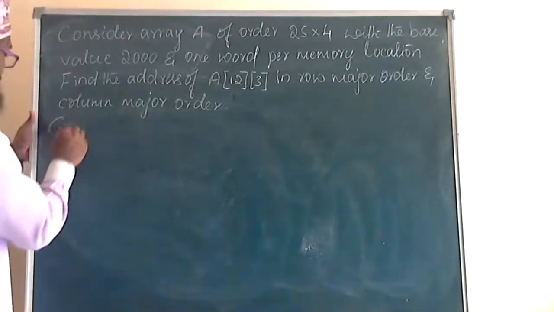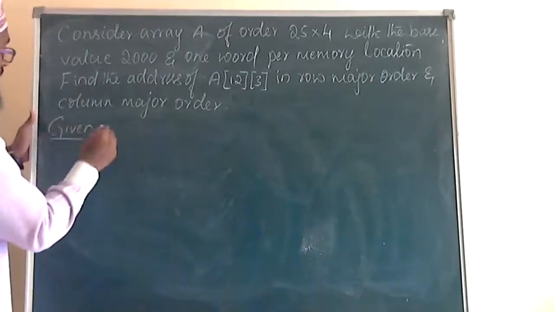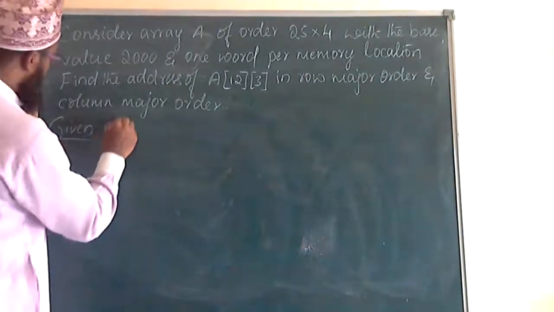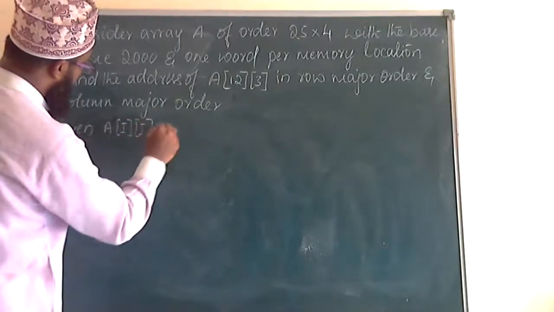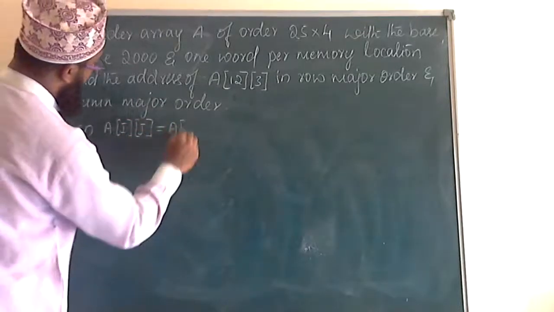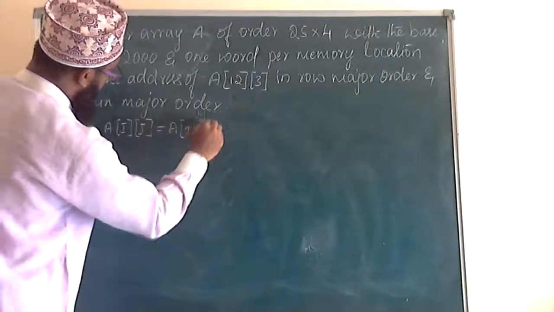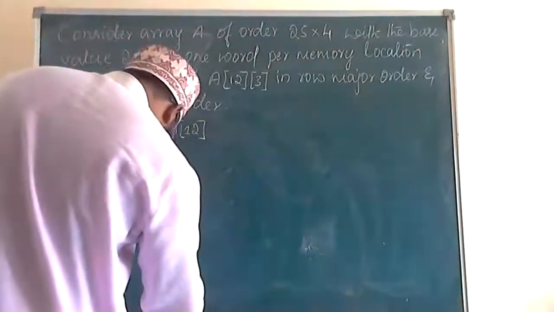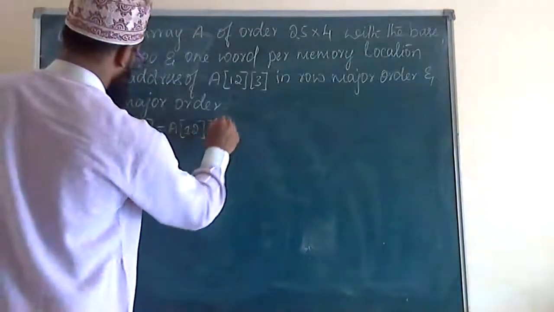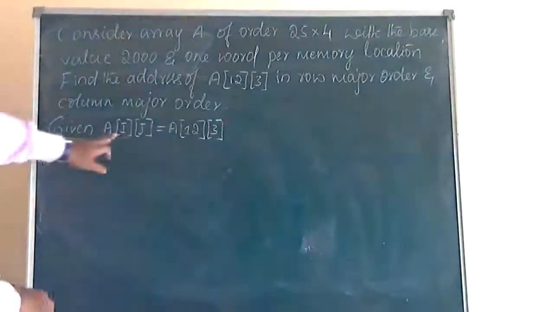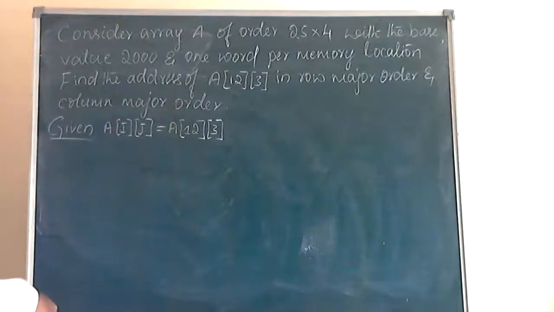We will take given as A of i, j, which is equal to A of 12, 3. I think 3 or 13. Okay, A of i, j is equal to 12, 3.